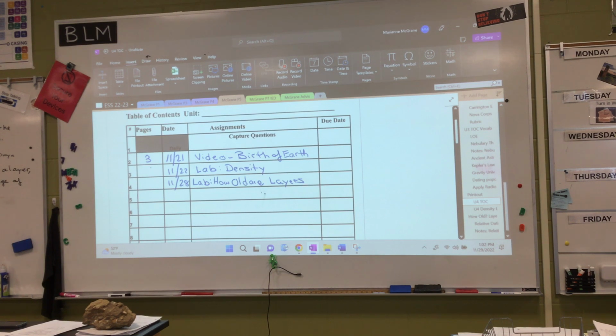This would have been then page 5 and 6. This was page 7 all the way to, I think this one's now 11. And so today on 11:29, we are going to have a worksheet that we're going to be doing to introduce ourselves to the principles of geology, and this is called relative dating.